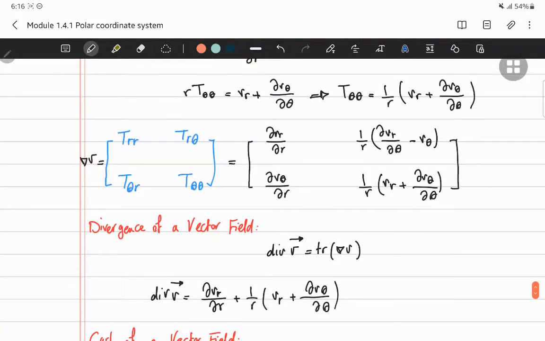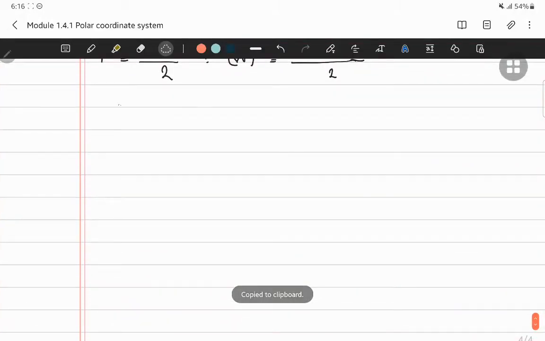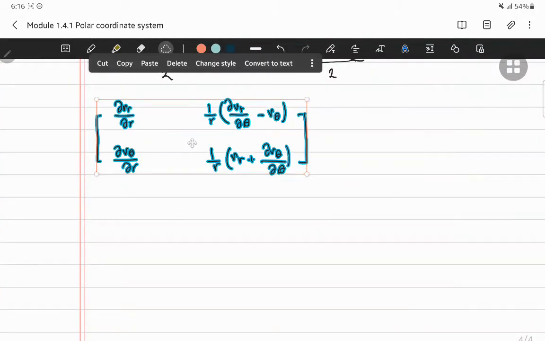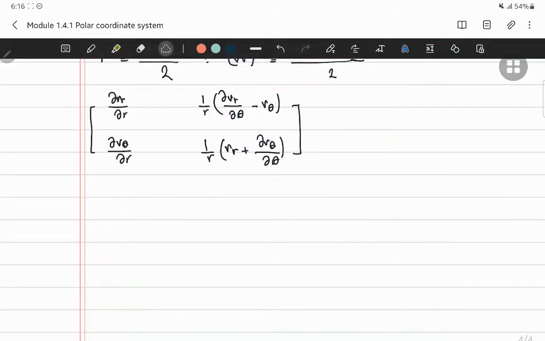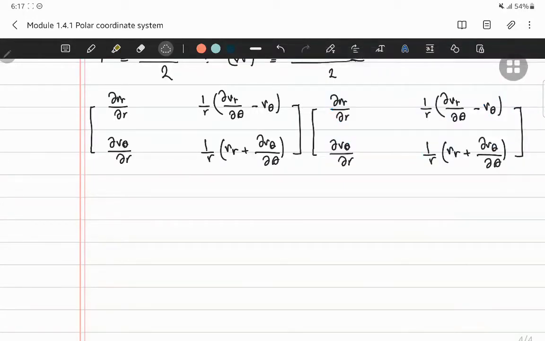So I have my del V here, copy, and paste it here again. So I have one half of this, and this is minus, so I have to swap these two here.